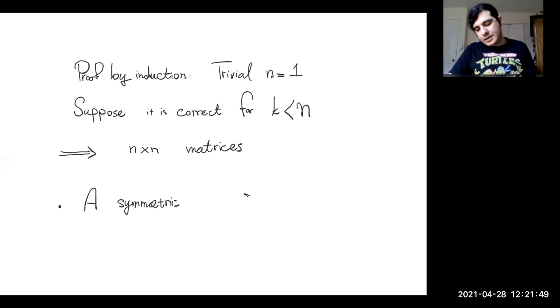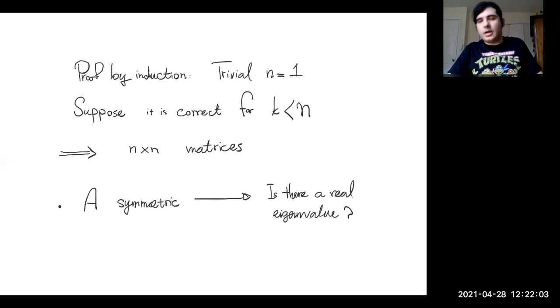And the question is, is there a real eigenvalue? Is it necessary to have a real eigenvalue or not? Or can we have a symmetric matrix which does not have any real eigenvalue?